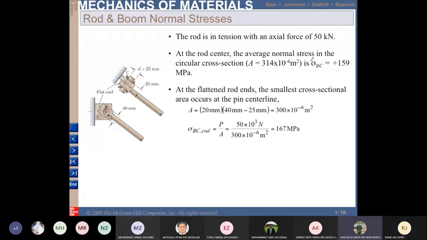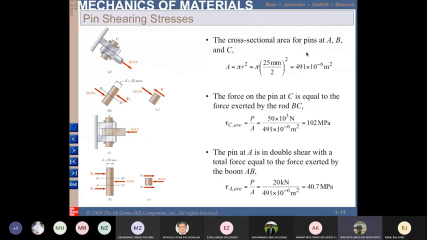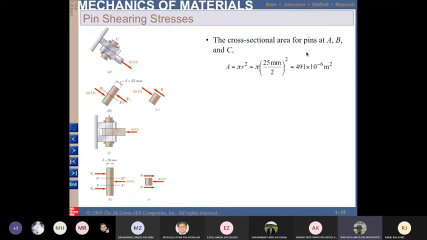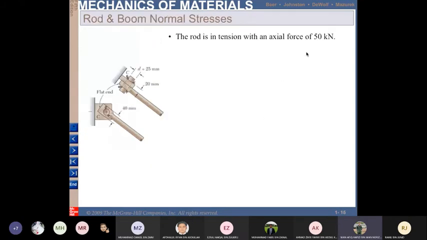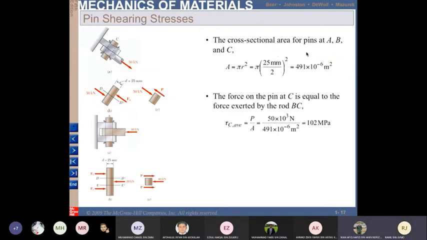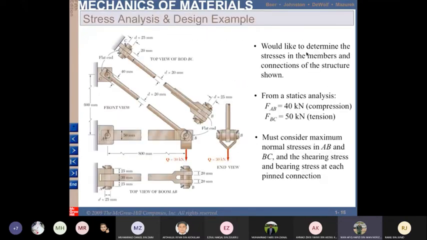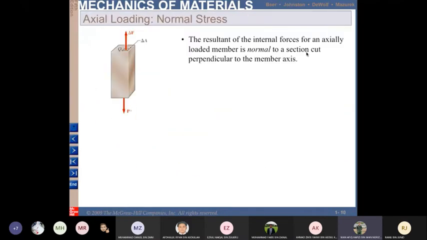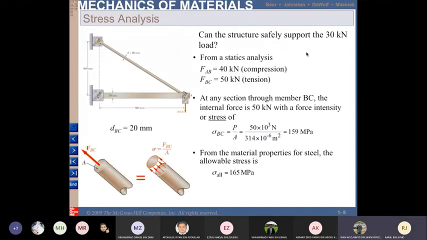Is it here? Wait a moment, I am also getting dizzy. Yes, this one. Okay, this one, 159. So this 159 is lower than 165.